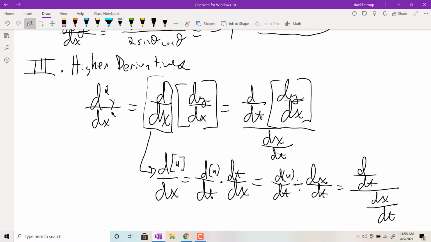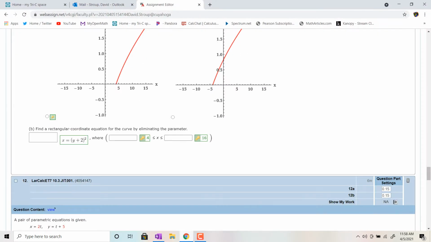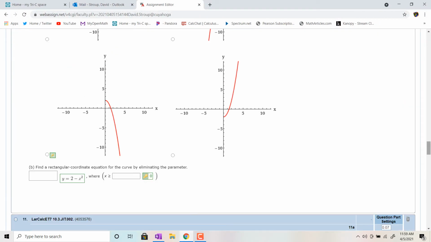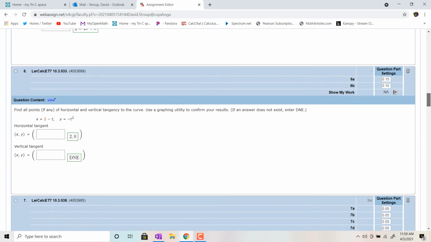But the long story short is that you can't just find the derivative by taking the derivative again. So anyways, let's zip into WebAssign and maybe do one of these.